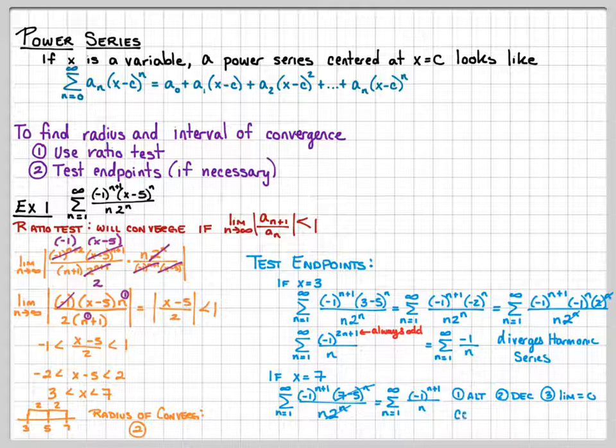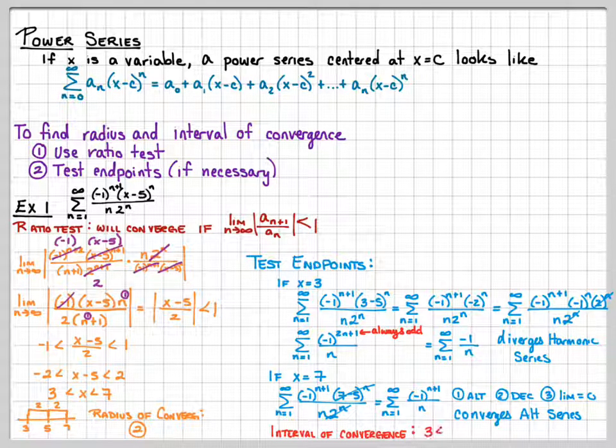So this series converges by the alternating series test. So our interval of convergence is going to be 3 is less than x is less than or equal to 7. 7 is equal to because it converges, 3 is not equal to because it diverges.